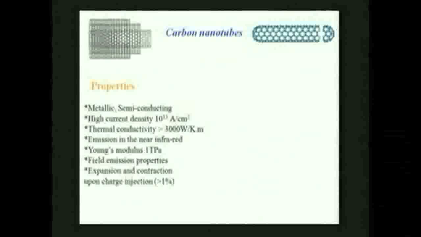Their Young modulus is about 1 terapascal, which is also quite exceptional. And other properties of interest, like the property of emitting electrons. When you apply a field to them, because they are very thin, you can extract high intensity electron beams from their tip and use them as field emitters.